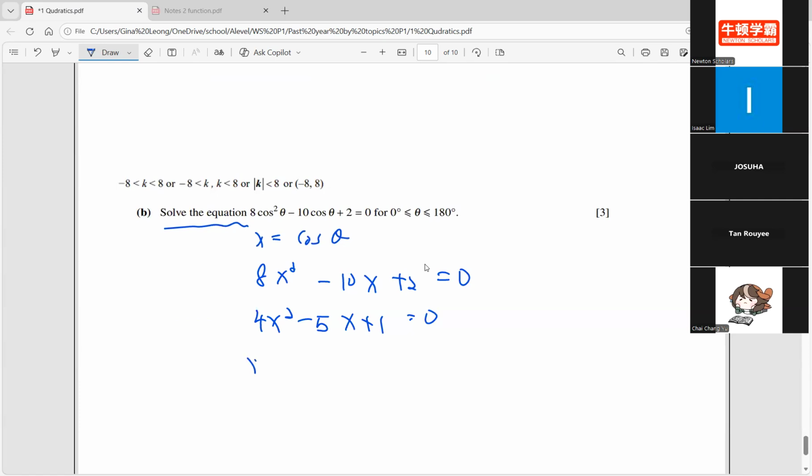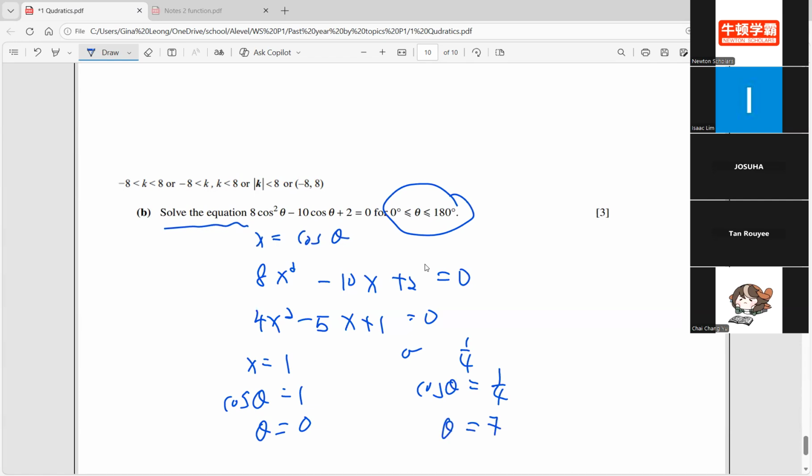Then my x value, what will I get? 1 or 1 over 4. So my x is actually cos theta equal to 1. So theta I will get 0. Because this one is only 0 to 180 degrees, so I no need to consider Q4. I only need to consider Q1. Then this one is the same thing. This one is 75.5.